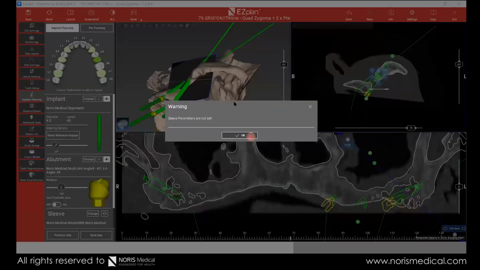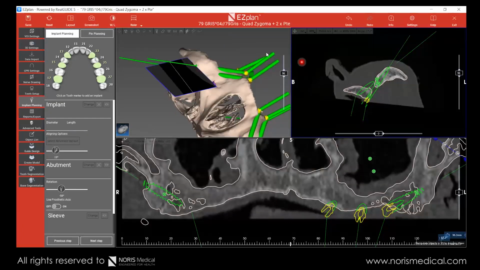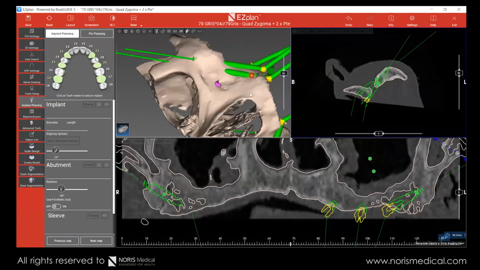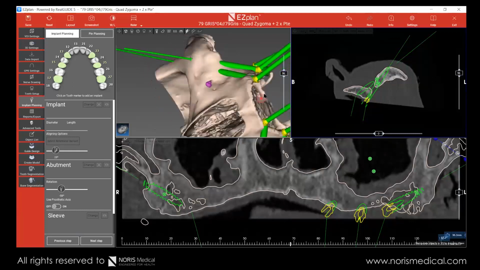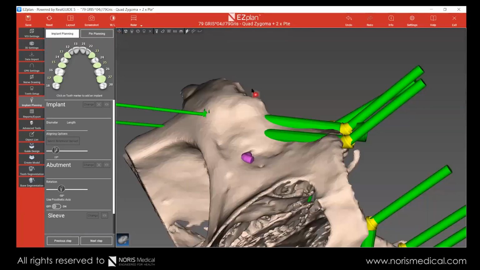And let's see what I see from the parallel view. Let's see if I can put the implant without having any collision with the anterior implant. I need to move this around. How do I move this around?